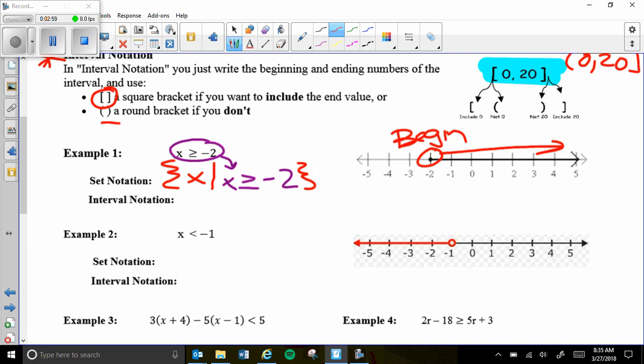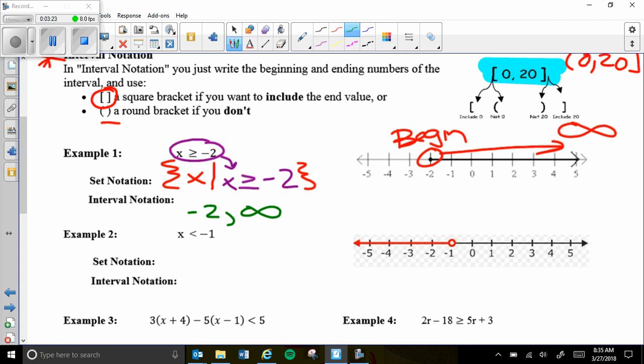If that arrow keeps going to the right forever, we're going towards infinity. So we write our beginning and ending numbers. In this case, our starting number is -2, and it's pointing to the right, so it's going towards infinity.